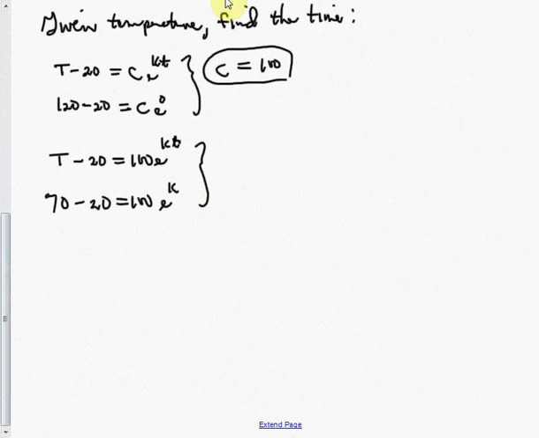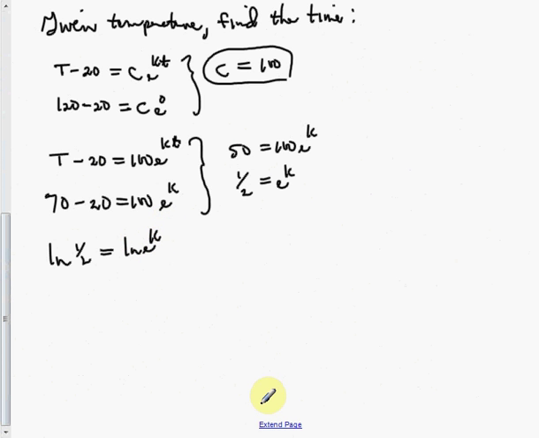And so that gives us 50 is equal to 100 times e to the k. So 1/2 is equal to e to the k. So take the natural log of 1/2. That's equal to the natural log of e to the k. And so this implies that k is equal to the natural log of 1/2.